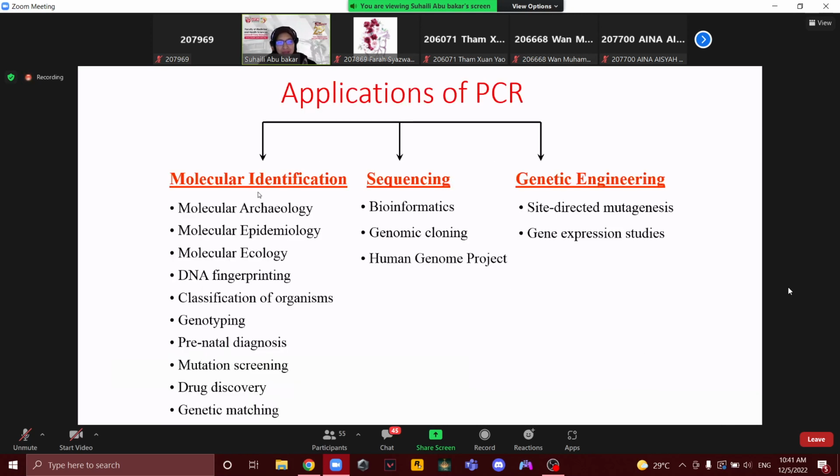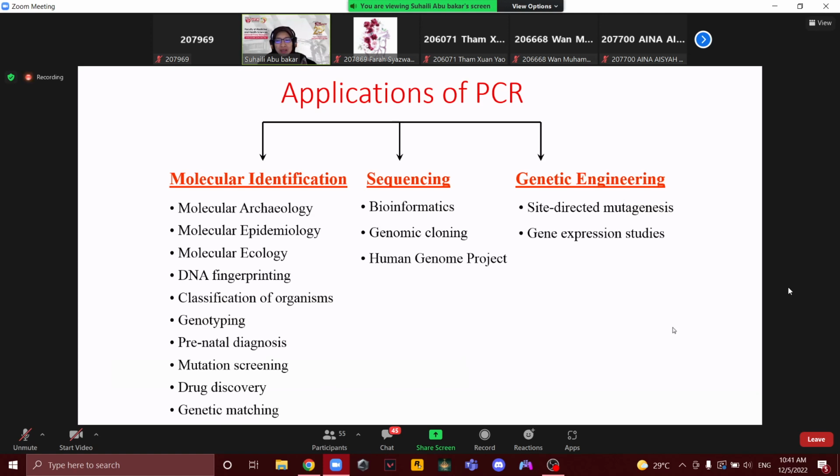Sometimes applications are categorized into three: molecular identification, sequencing, genetic engineering. If you want to do sequencing, you need to do PCR as well. All the fields that use sequencing, bioinformatics, must do sequencing. Genomic cloning, sometimes sequencing. Human Genome Project, sequencing. Genetic engineering, you want to modify, you want to do gene expression study, you have to do PCR.